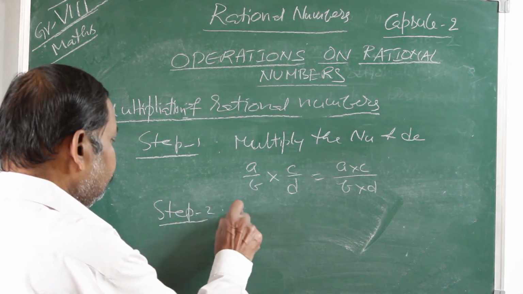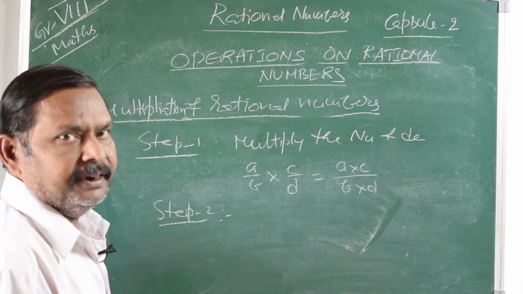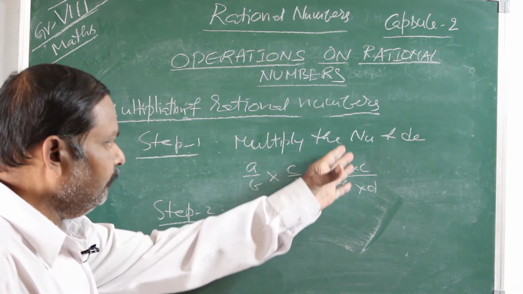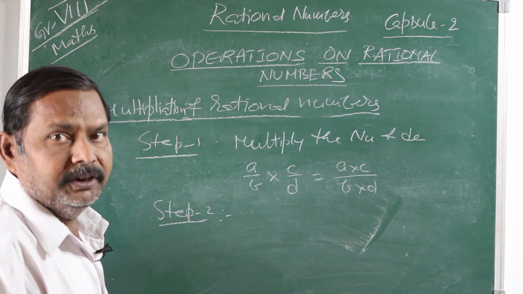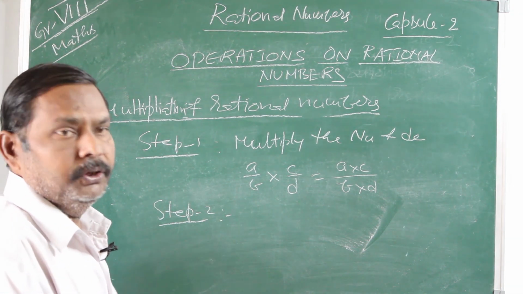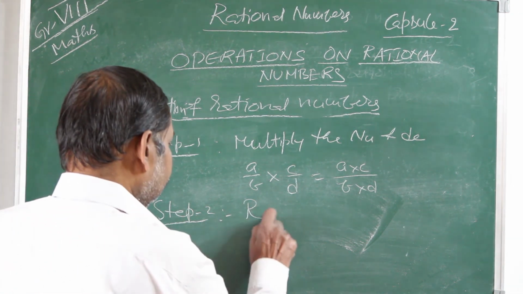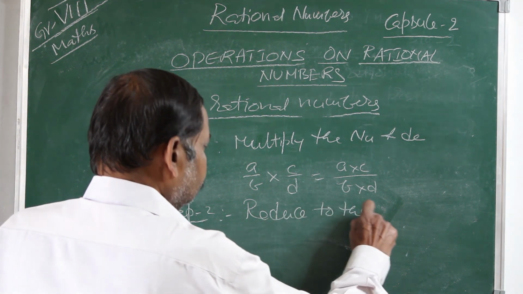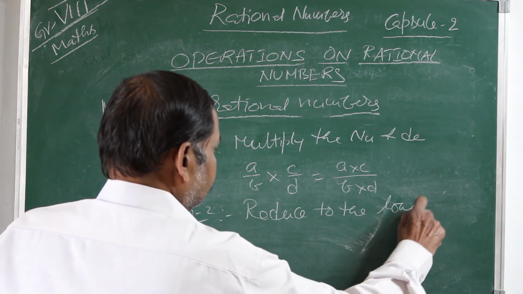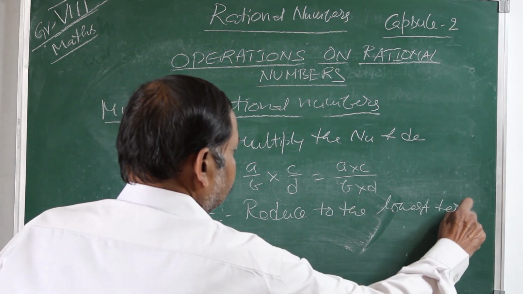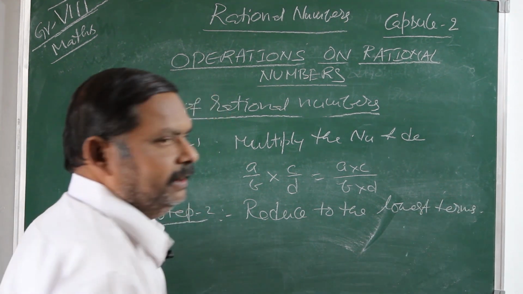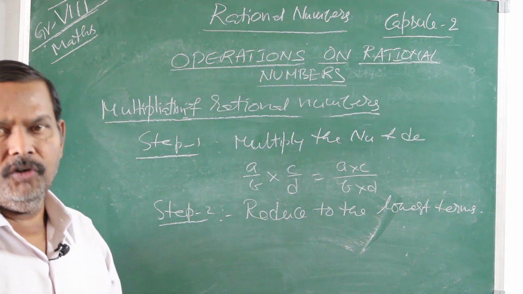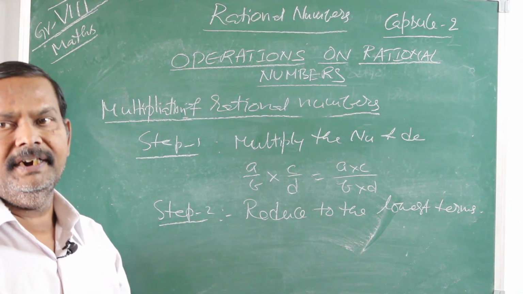Step 2 is that whatever rational number you got needs to be reduced to the lowest terms. And these two are the steps we need to follow while multiplying rational numbers.